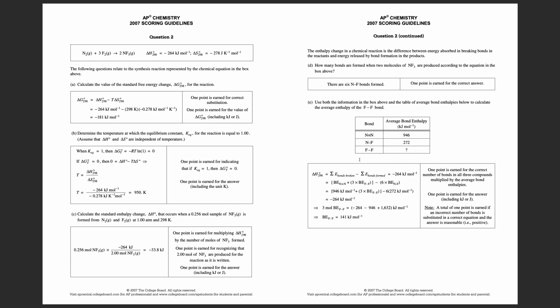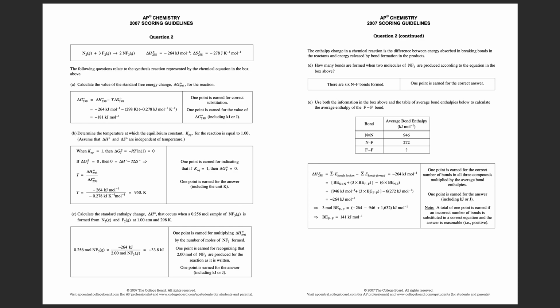Bonds broken, that's positive because that's endothermic. This negative sign is for the exothermic bonds that are forming. And so the bond energy for breaking apart the nitrogen-nitrogen bond, and the bond energy for breaking apart the 3 fluorine-fluorine bonds, which we don't know, and then subtracting out, that's because it's exothermic, these bond energies.